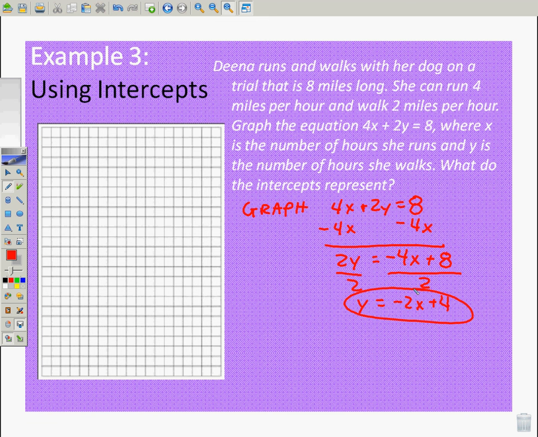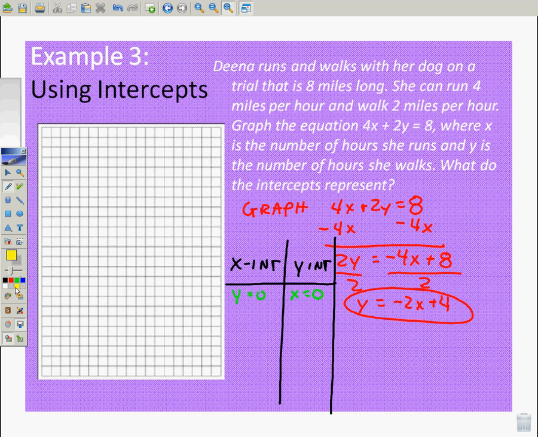Now, I need to find my x and my y-intercept. x-intercept, y-intercept. So this is where y equals 0. This is where x equals 0.